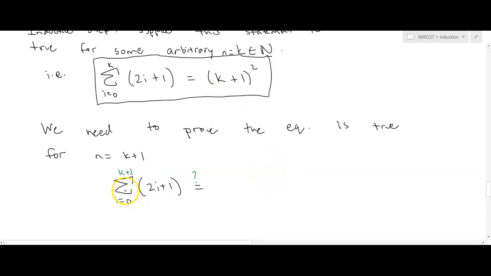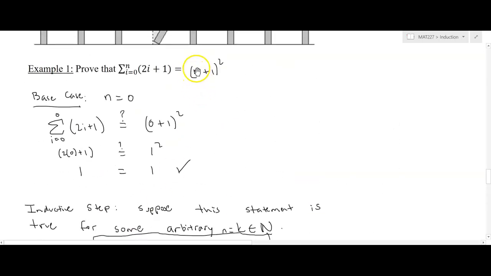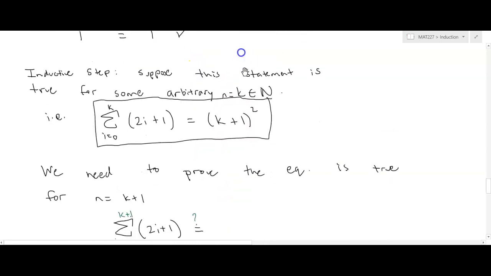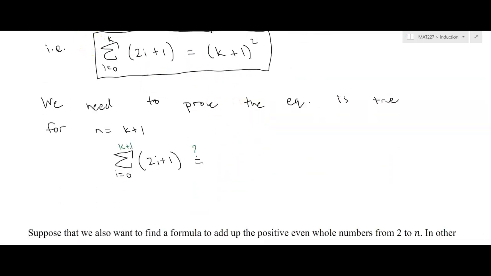That is, if I let n be k plus 1, that would just mean that I would have to replace n here with k plus 1. And so what I will have is parenthesis k plus 1 in for n plus 1 squared. So this is what it should equal if I increase this ending index by 1 unit, then that should just increase this value by 1 unit, and the formula should still work.